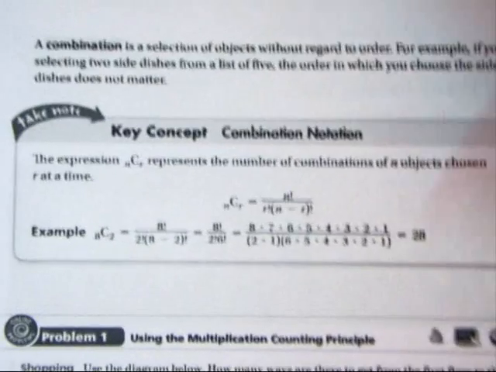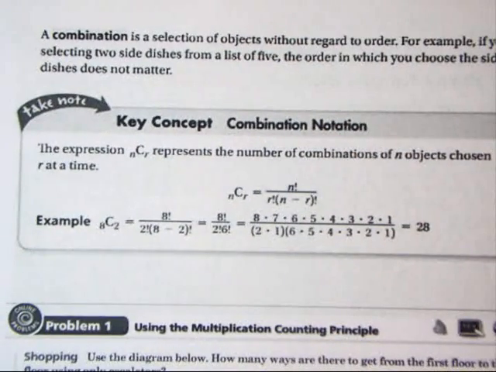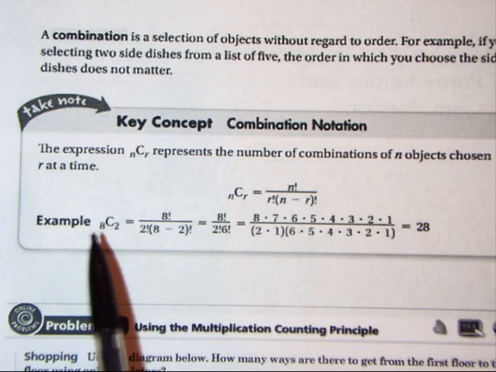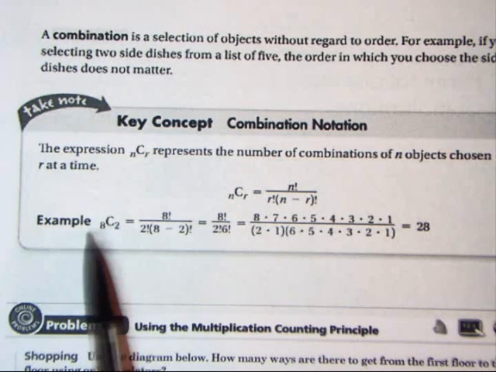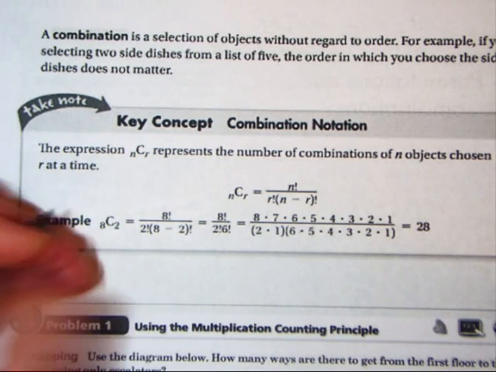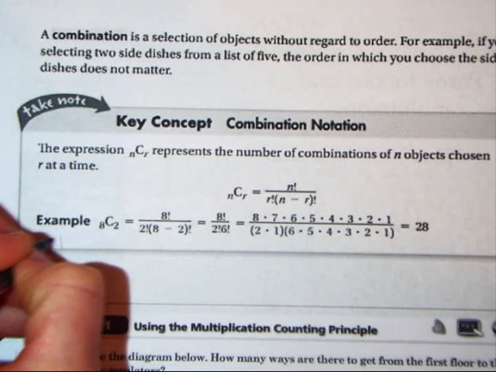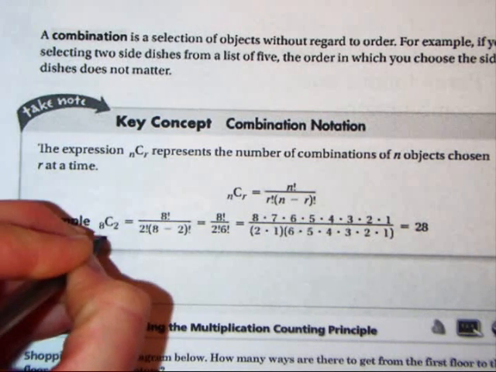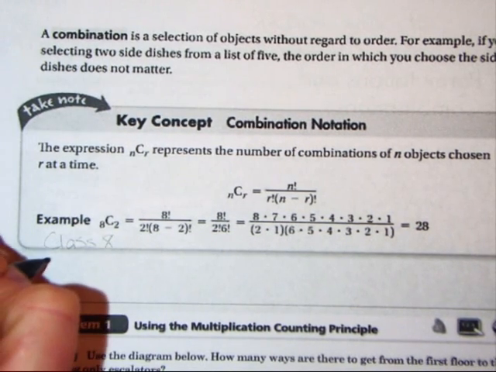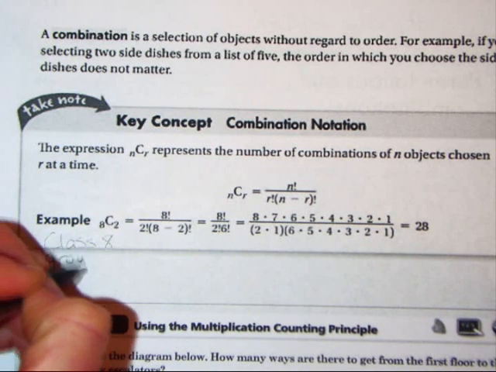Same thing happens with combinations. The combination is when you don't care about the order. If you're just selecting 2 side dishes, you don't care about the order that the waiter or waitress brings them out in. You're just selecting 2 side dishes out of 5. That would be a combination. So if we take a look at this problem, this time they did a combination 2 of 8. So this time maybe your teacher has a class of 8, but this time she just wants a group of 2 students.